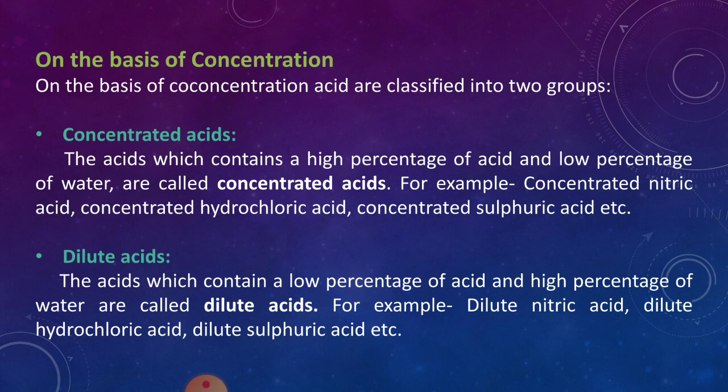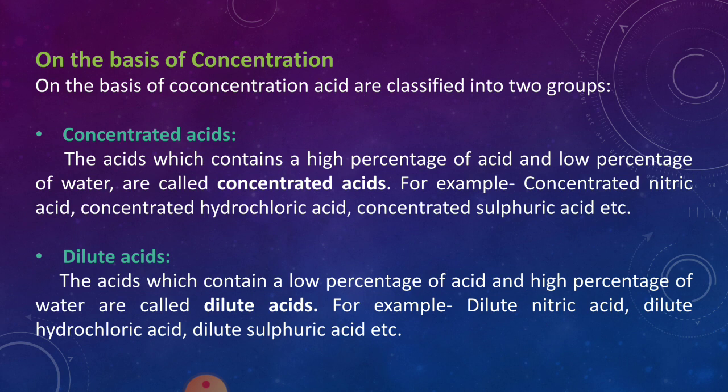Now, the next criterion for the classification of acids is on the basis of concentration. On the basis of concentration, acids are classified into two groups: concentrated acids and dilute acids.